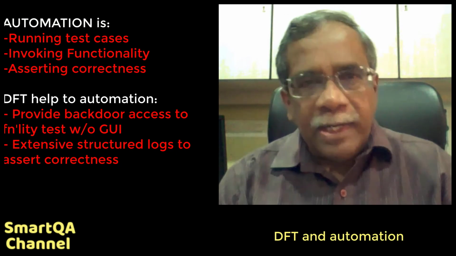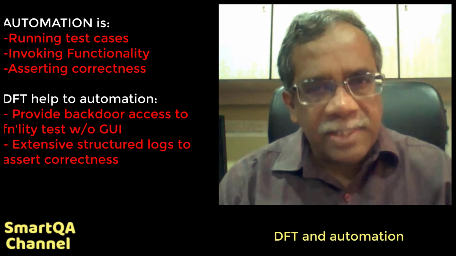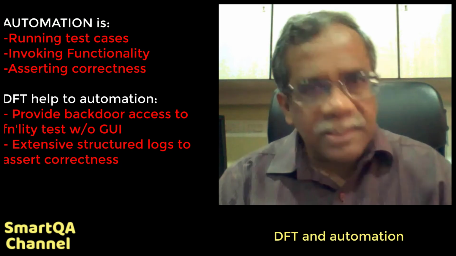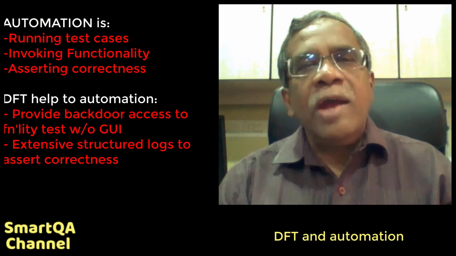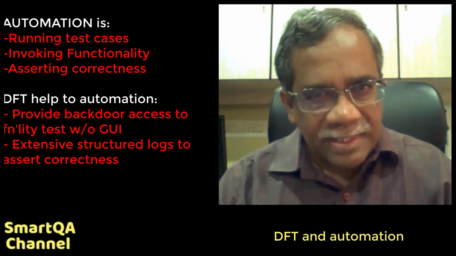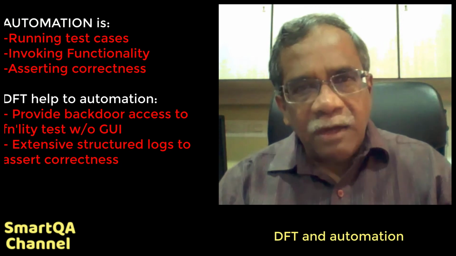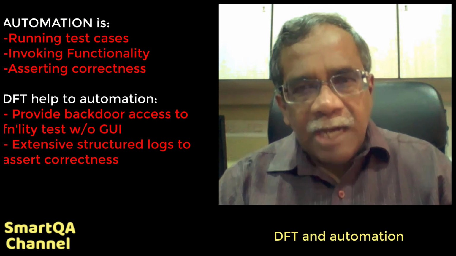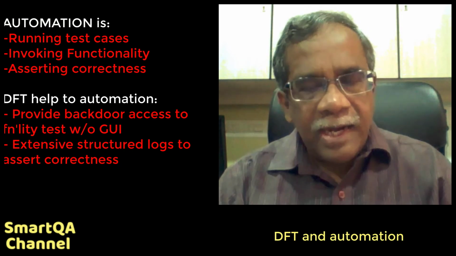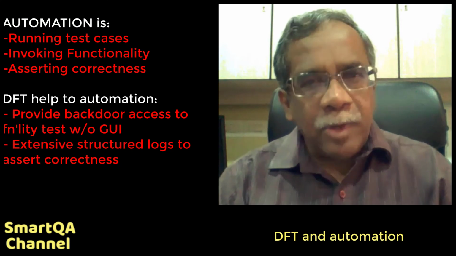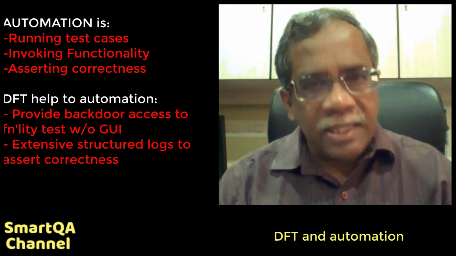Normally, when you are logging, you are basically putting debug messages, information messages, error messages. I also add another category called test messages. And in a structured log with test messages, it becomes that much easier for us to go and check the log and test whether that particular test case has passed or failed.